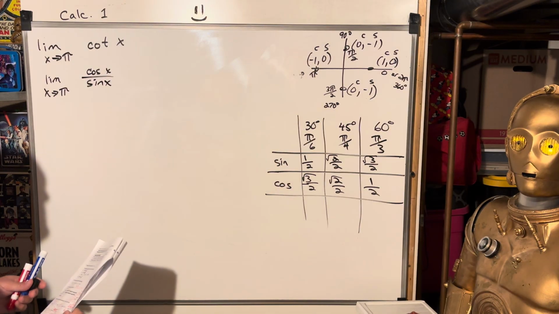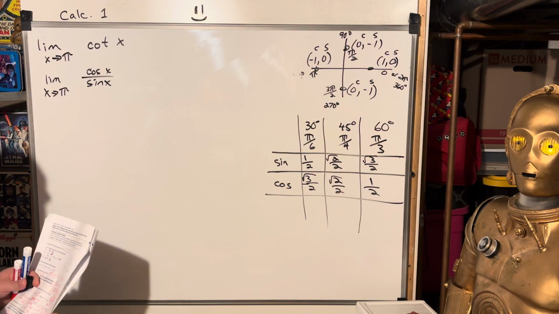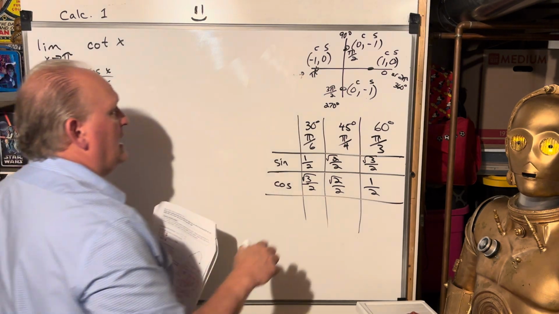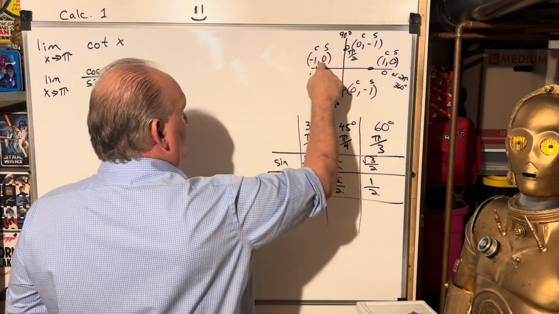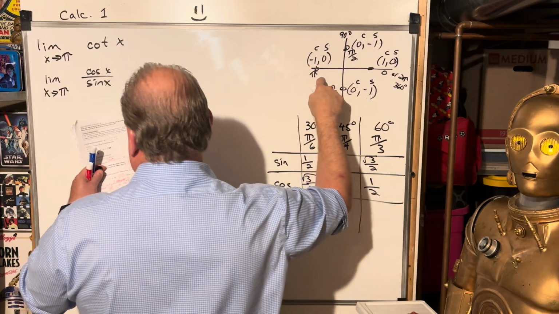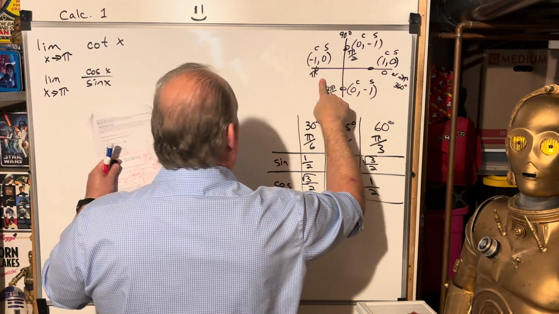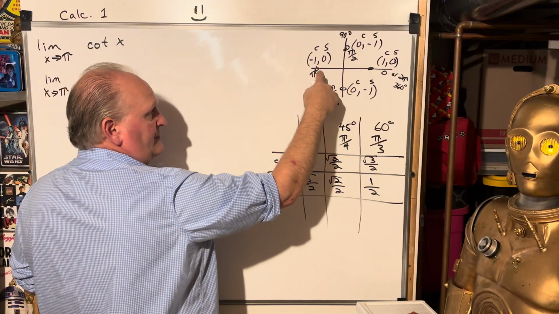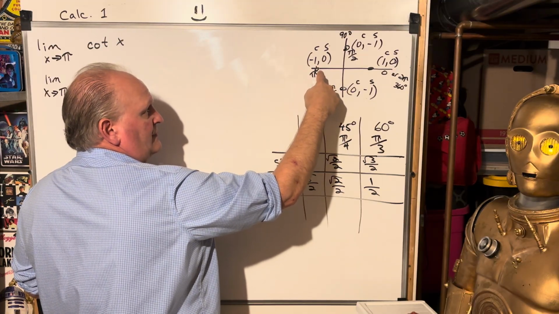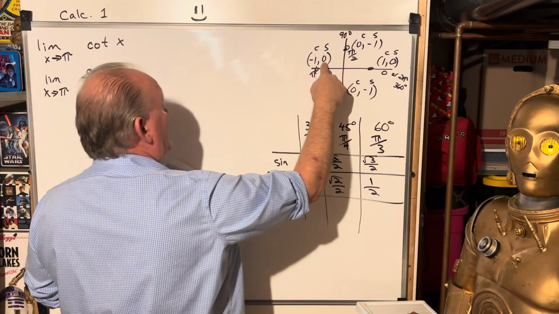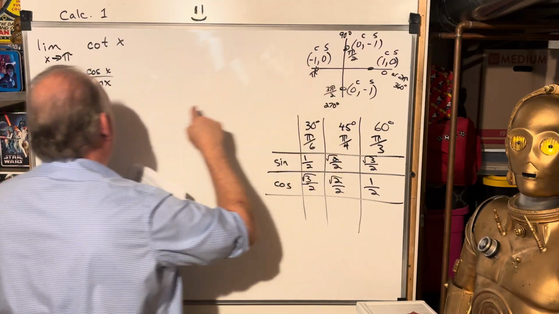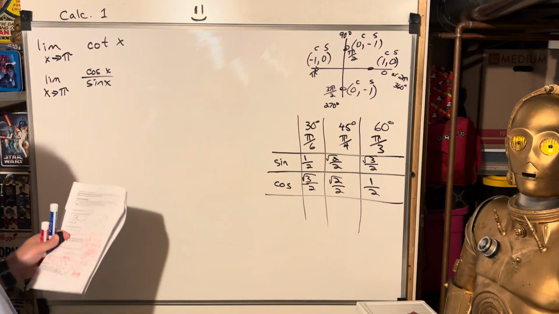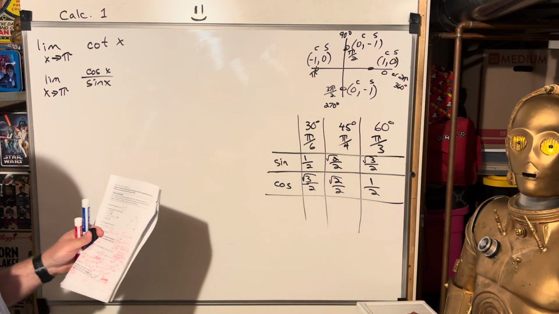If you take a look at what's happening at pi, we've got sine on the bottom, so that's 0. So this is like negative 1 over 0, which is not cool if we actually just subbed in pi. So we can't do that.